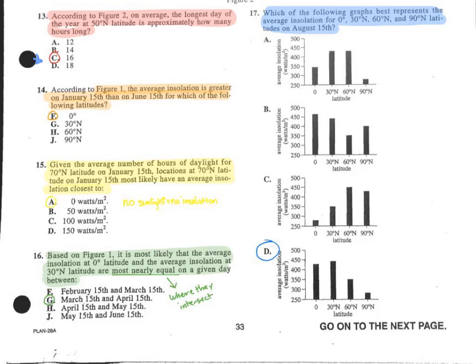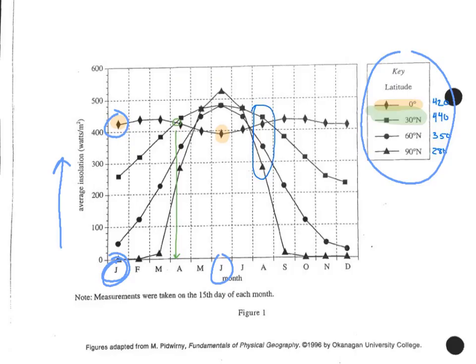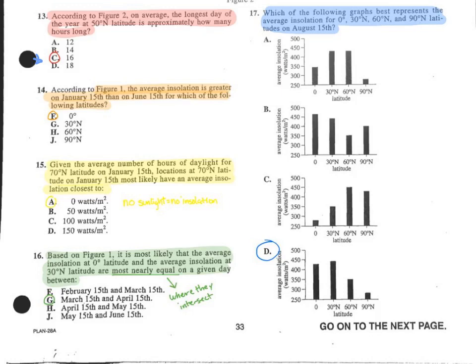So that's where they're going to intersect, where on the y-axis they are the same. For those two lines, they cross right here, and that is somewhere between March and April, so in between March 15th and April 15th. So for number 16, that one was G.